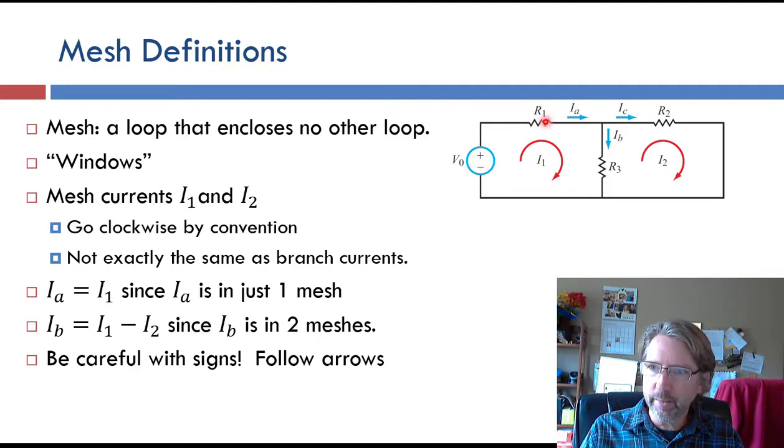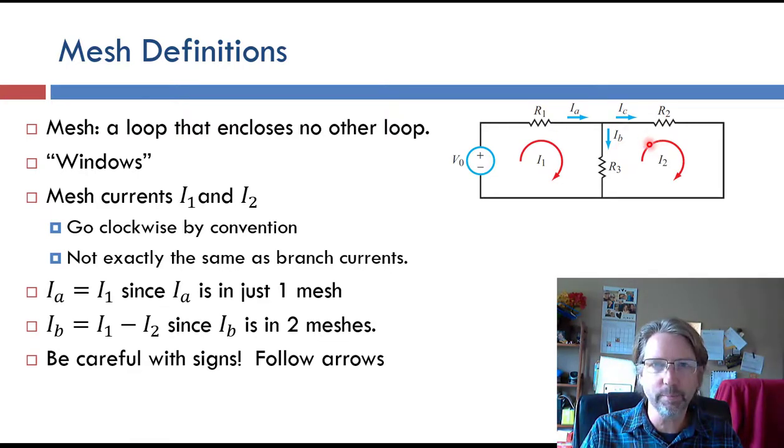If an element is just part of one mesh, so here R1 is only part of I1, V0 is only part of I1, that current is just the mesh current. So IA here must be the same as I1, because IA is only in this one mesh, the I1 mesh. Same thing for IC over here, it's going in the same direction as I2 from left to right, and it's in this branch that is only touching the I2 mesh, so IC is the same as I2.